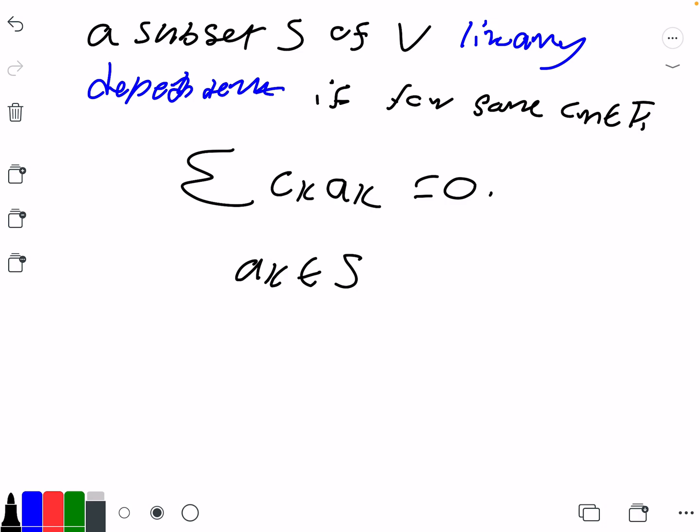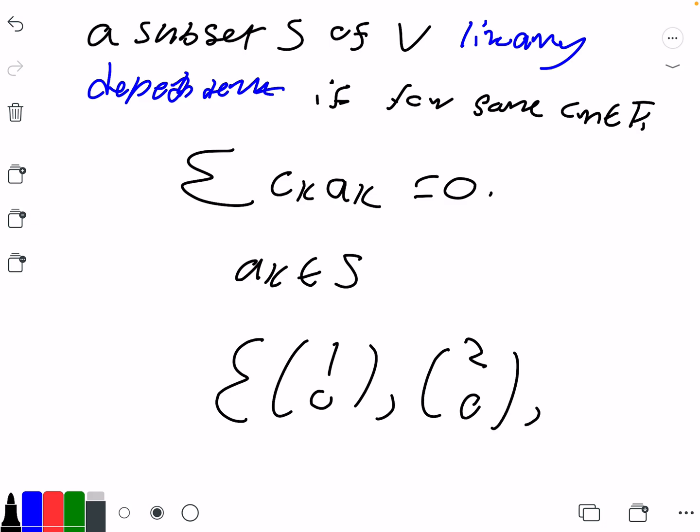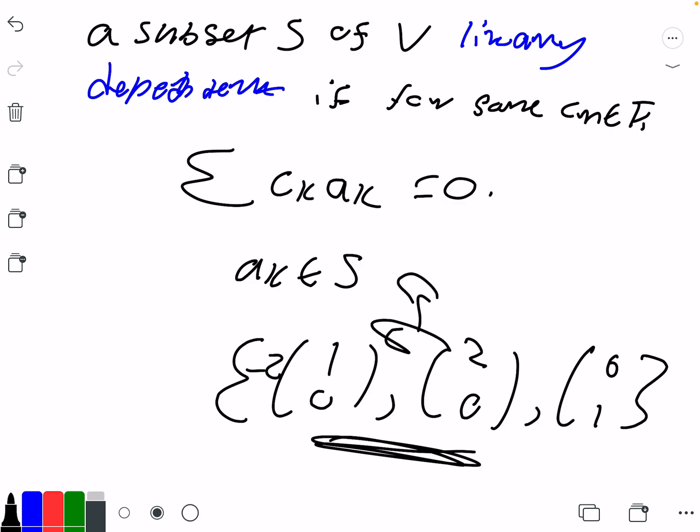Like, we can have, let's say, (1, 0), (2, 0), and (0, 1). This is a linearly dependent set because if you multiply the first by -2 and add the second, you will get 0. So it does not need to be all of S.